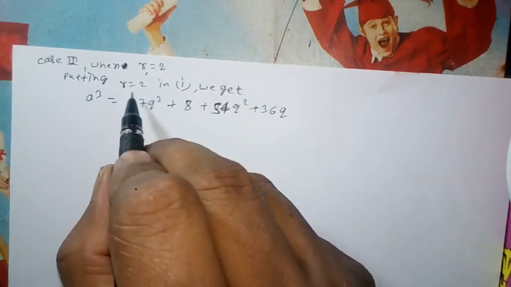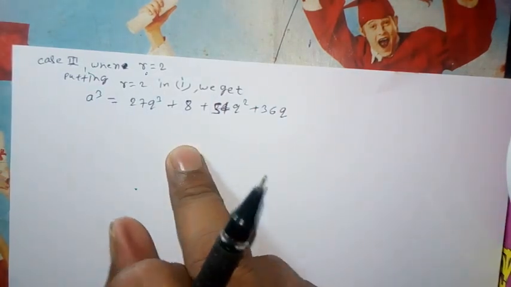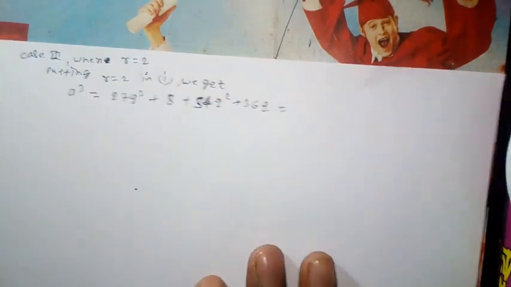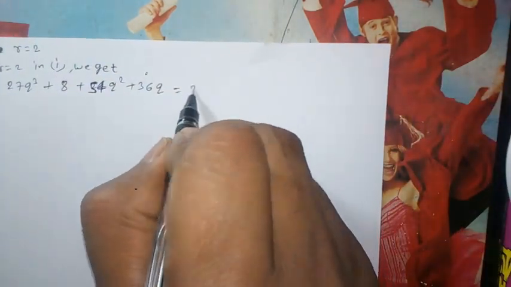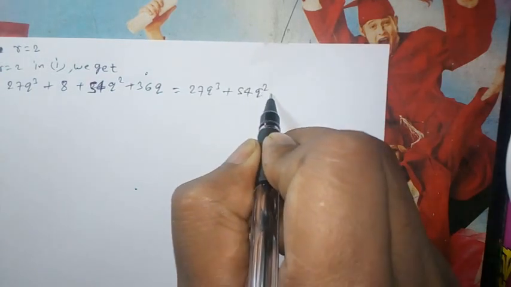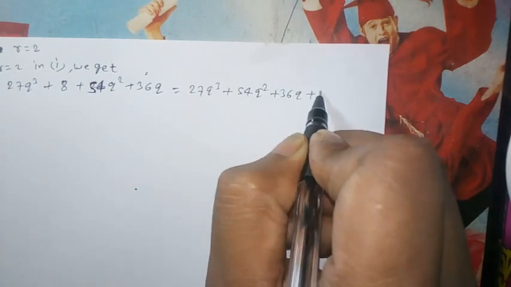When we put the value of r in equation 1, we arrange this: 27 q to the power 3 plus 54 q square plus 36 q plus 8.